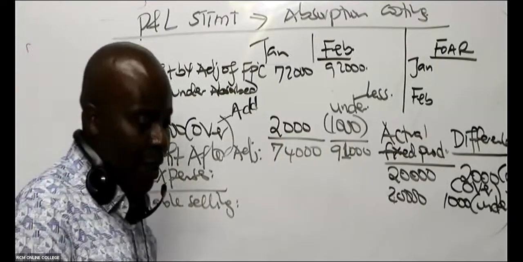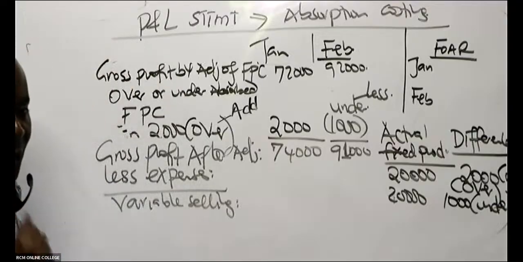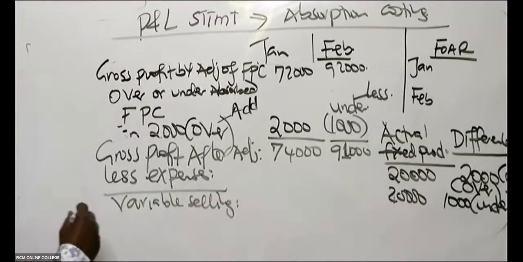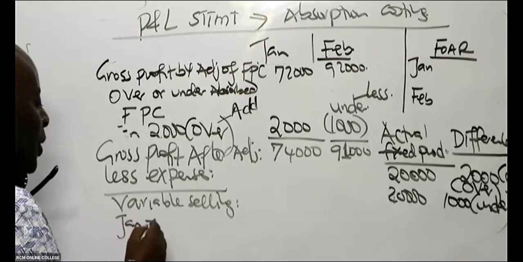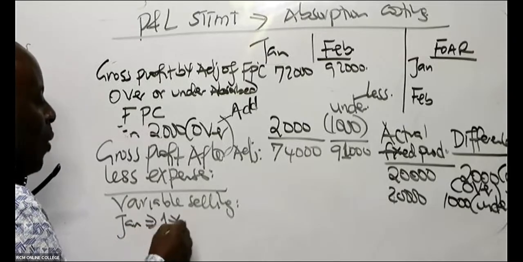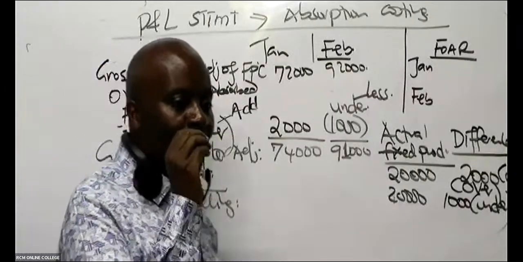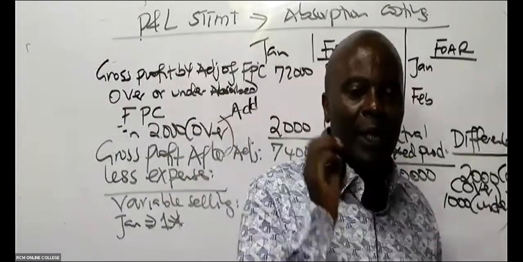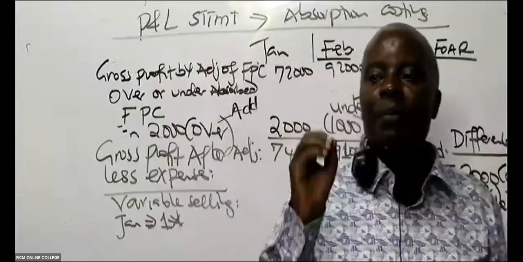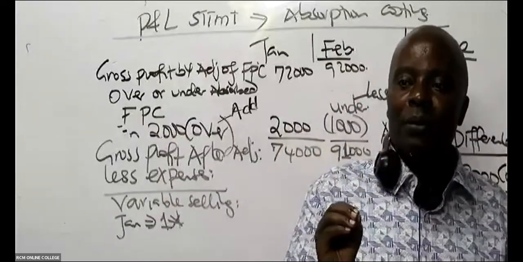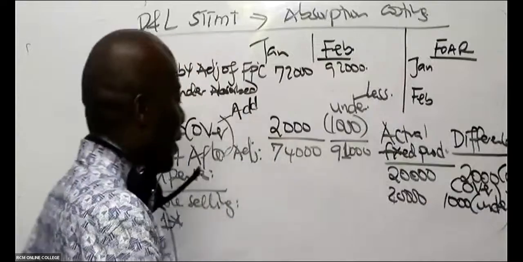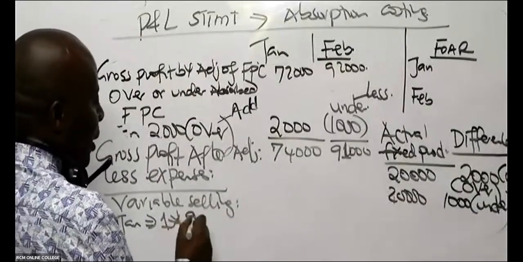So variable selling, are you able to see the variable selling per unit? So in this case, variable selling for January, you're saying it's 1 times how many units? Times the number of units you sold in January, because a selling expenditure can never be associated with production. So in January we sold 9,000.